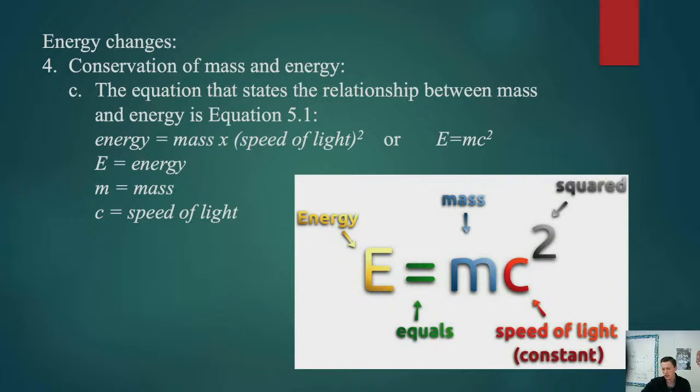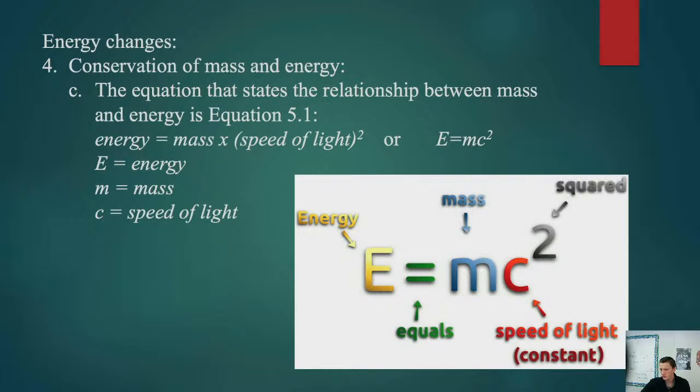So you have energy equals mass times speed of light squared, or, as you see, capital E equals mc squared. Know what each of those mean. E equals energy, m equals mass, c equals speed of light, and the speed of light is squared. Then you have to do order of operations and math to be able to solve that problem.